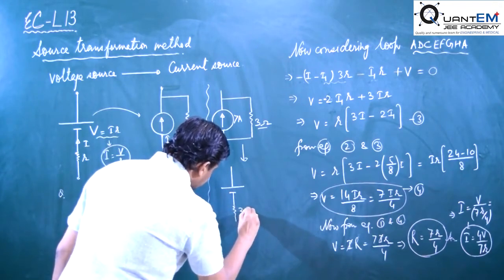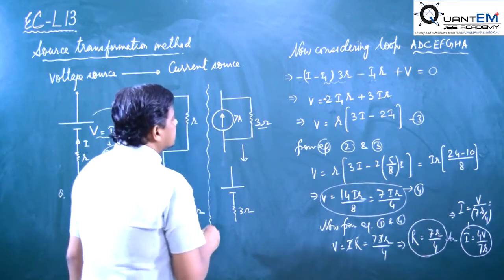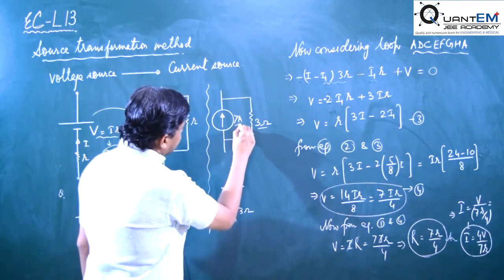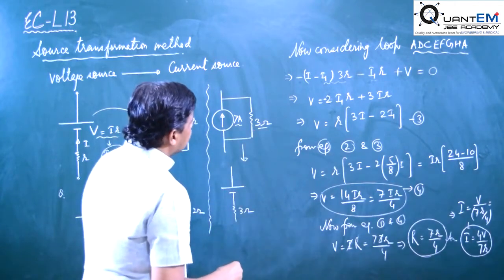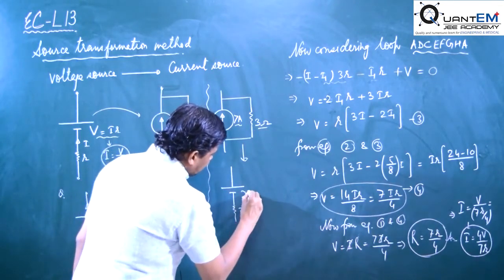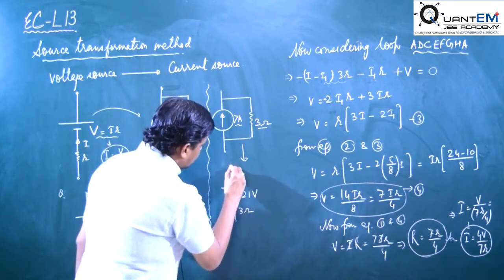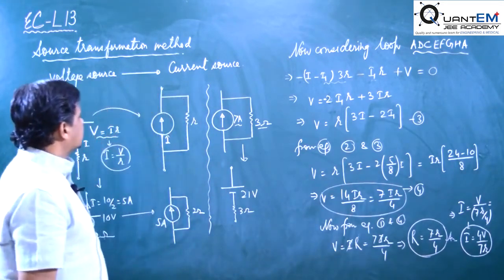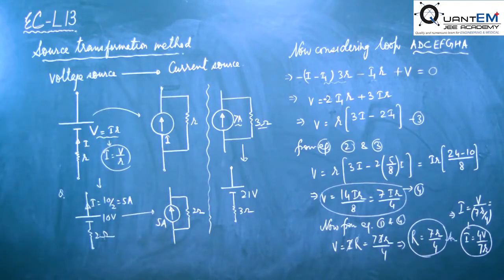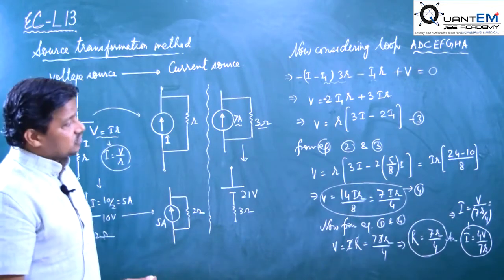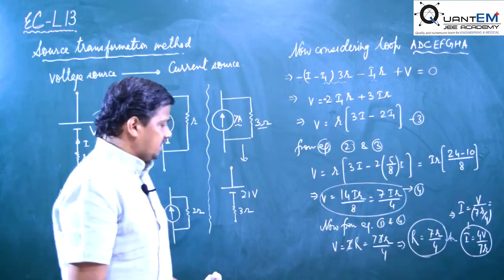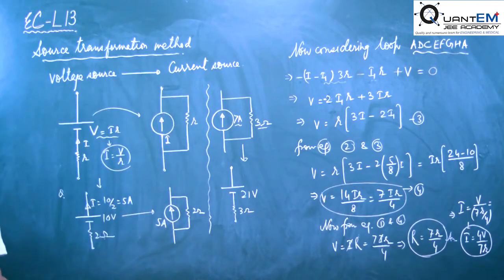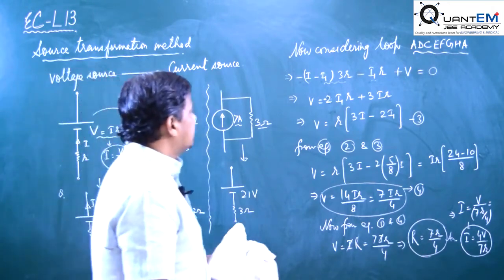Now multiply current into resistance, 7 into 3, that will be 21. So here the potential value will be 21 volt. So now we have converted this current source into the voltage source. In this way we can convert a voltage source into a current source or a current source into a voltage source. So this technique is called source transformation technique or source transformation method.